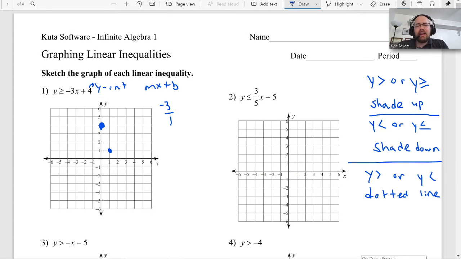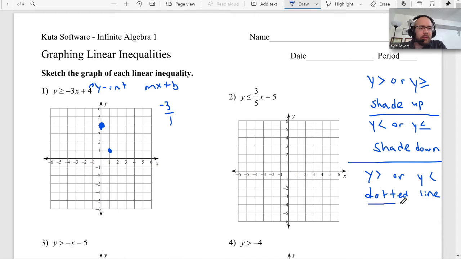You could probably even use a different color and say this color means a dotted line, or not equal to, because that's what the dotted line is supposed to mean. The line is not the answer, only the shading is the answer. I'll show you what that means in a second.